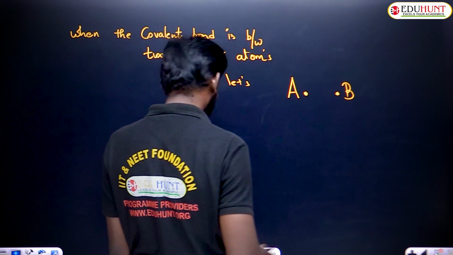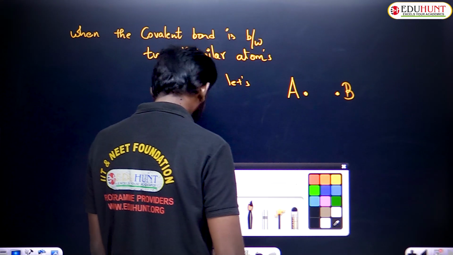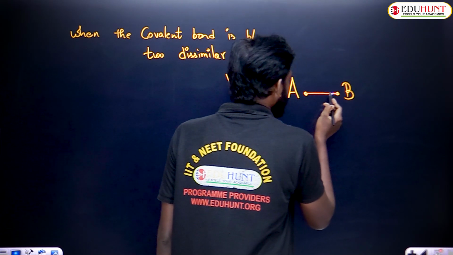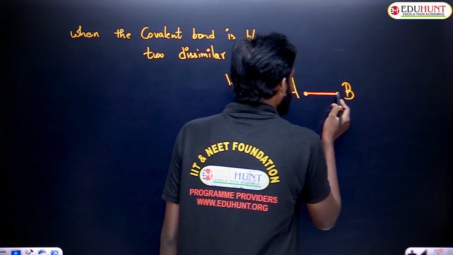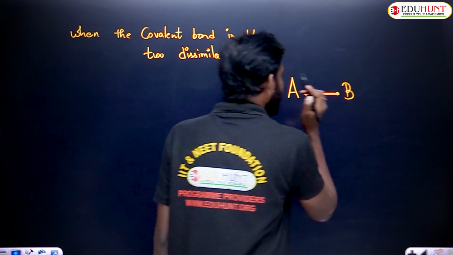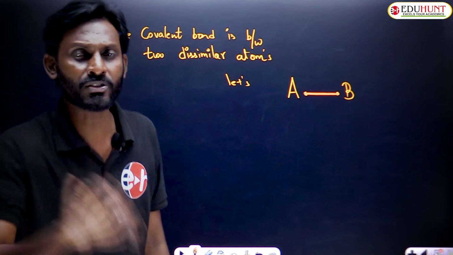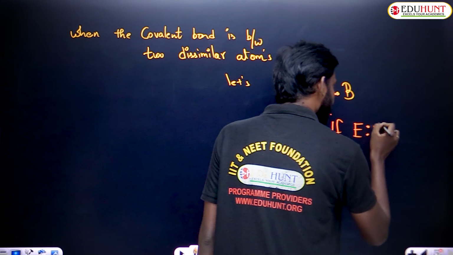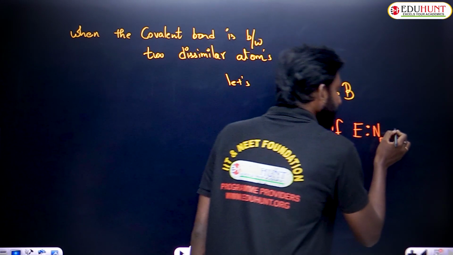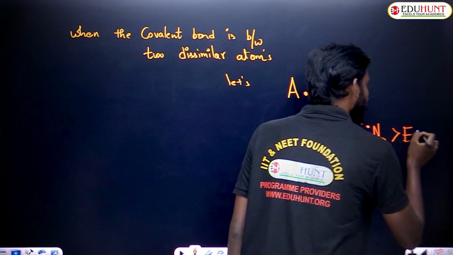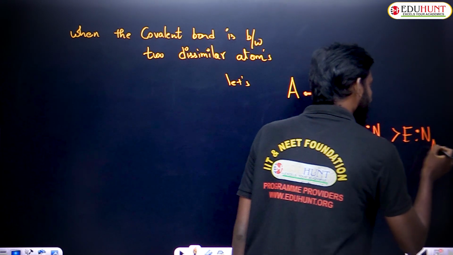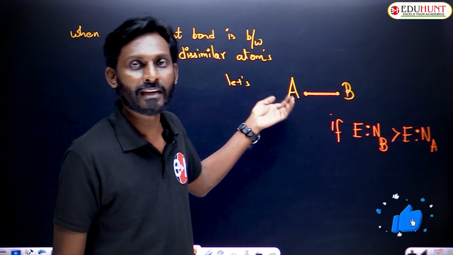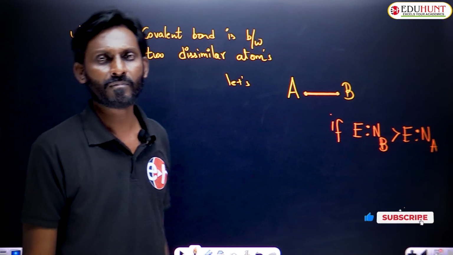Now these two electrons, which is the shared electron pair, this shared electron pair is present between two dissimilar atoms. Now for the sake of explanation, if electronegativity of B is greater than electronegativity of A, what happens?